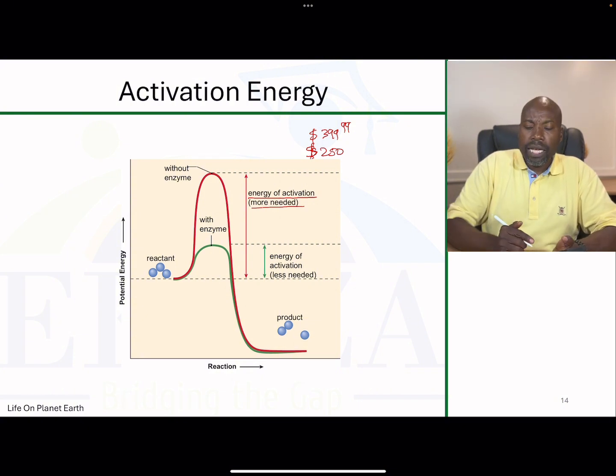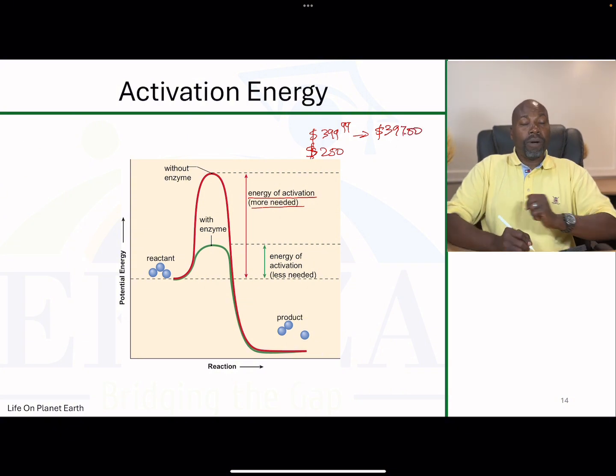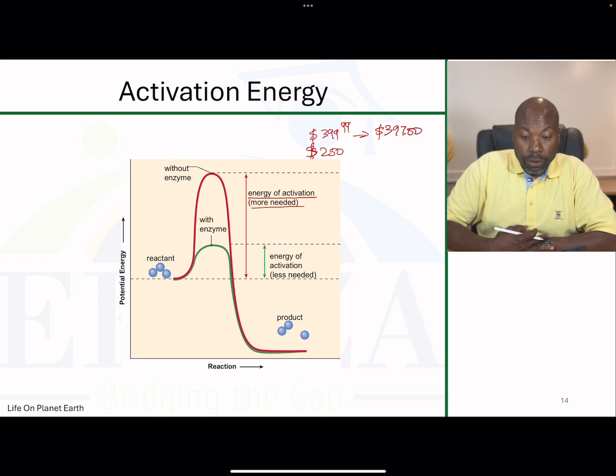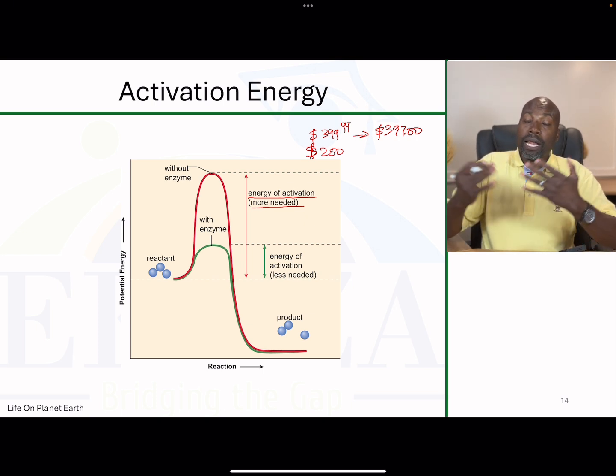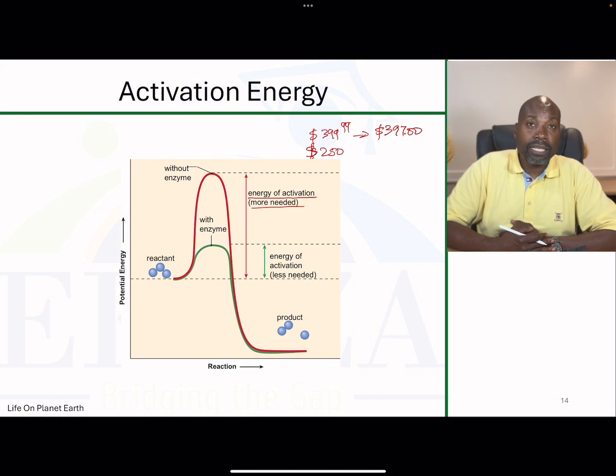Say you decide to save some money. You save some money and now you have been able to save up to $397. Okay, that's what you have now in your pocket. You go to Kohl's and you ask for the Apple Watch. They tell you, well, sorry, you don't have $399.99, which is the price tag for this watch, so we cannot sell you the watch, okay?